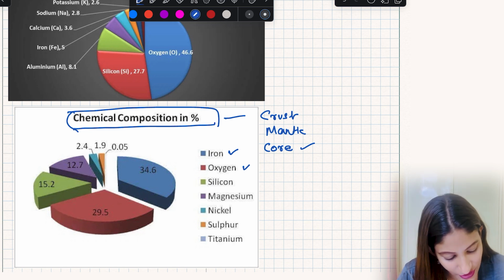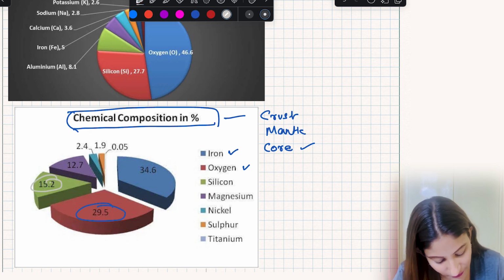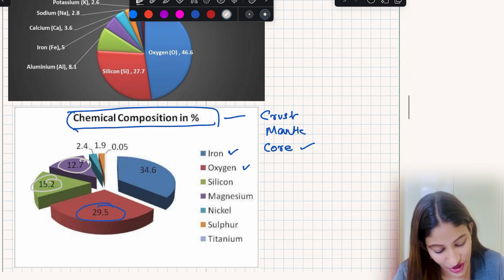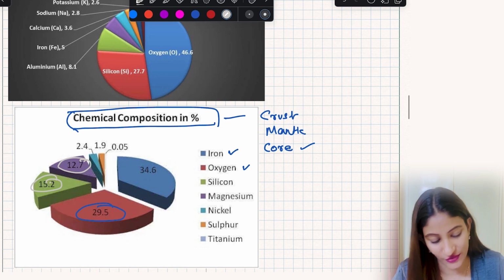Next will be oxygen with, of course, as you can see, 29.5%. Then you have 15.2% silicon. Eventually you have 12.7%, that is magnesium, and then the remaining ones, the nickel, sulfur, titanium, etc.